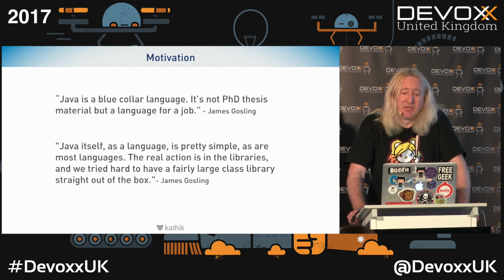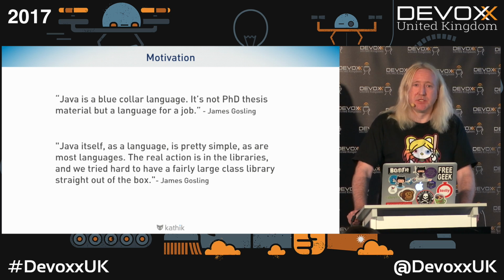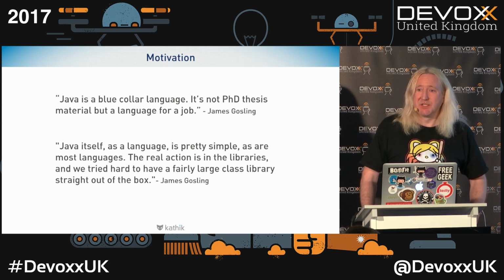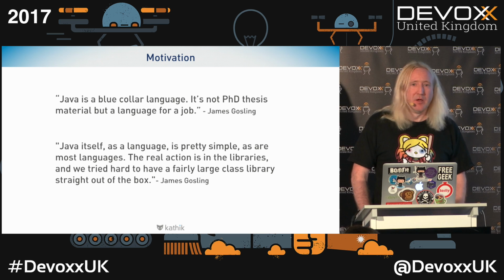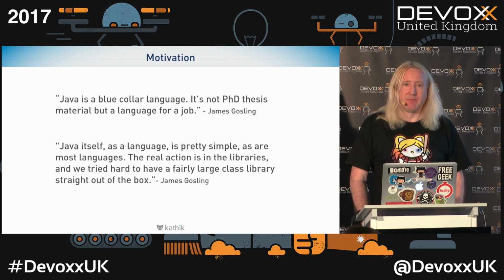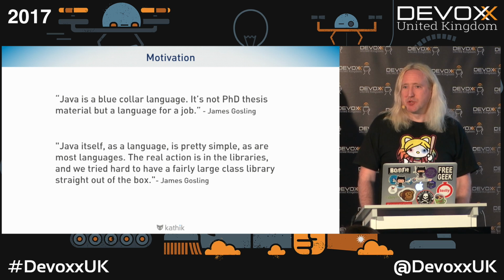This is the single biggest and most important thing which explains the design decisions in Java, the language. It is designed for working programmers. It is designed for people who get their job done and deliver fairly mainstream business applications. It's designed to be stable and robust, small c conservative in its design choices.